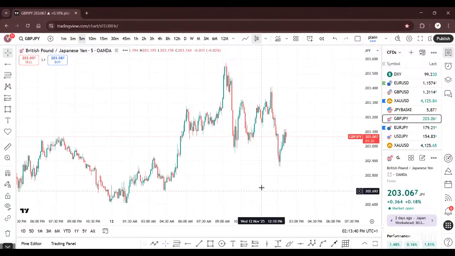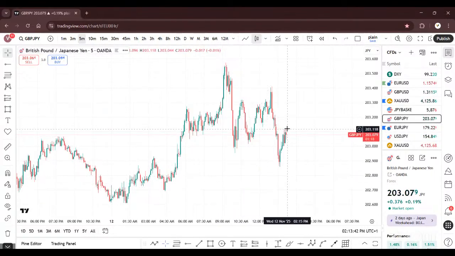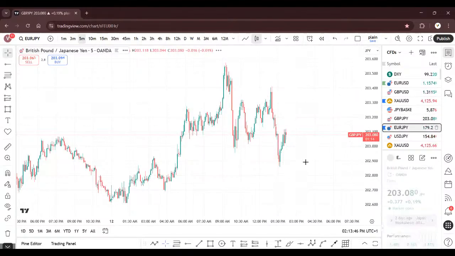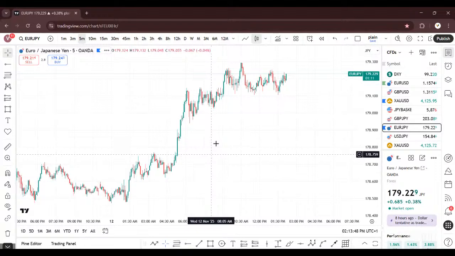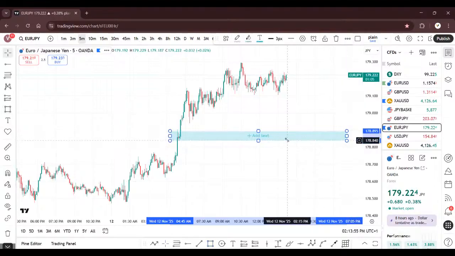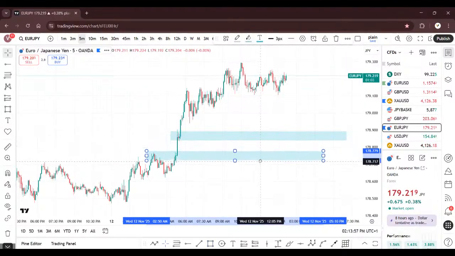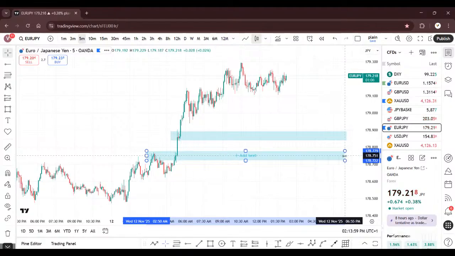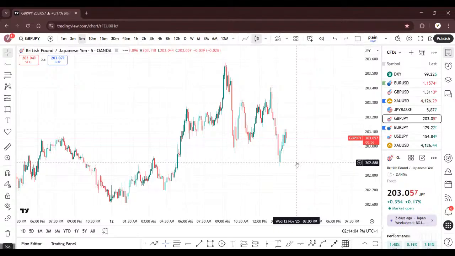So I'm currently looking for a buy on GBP JPY. Once I see a clear buy setup, I'll be executing the buy on GBP JPY, buying it all the way to the upside. Same thing goes for Euro JPY, but Euro JPY did not retrace all the way to the level that we wanted. This is one of the levels here, and then this is the second. The Euro JPY didn't get into any of these levels, so I'm more interested in the GBP JPY buy than that of the Euro JPY.